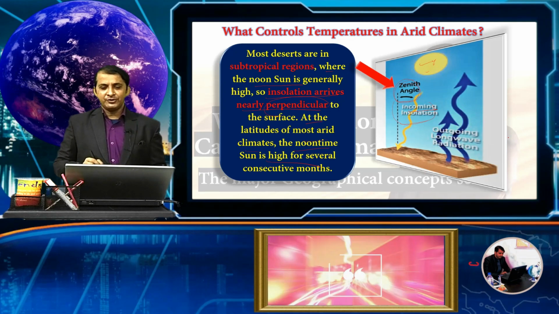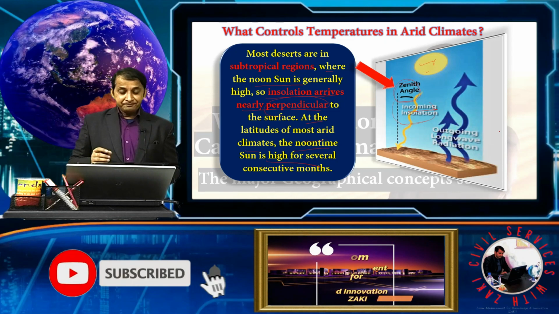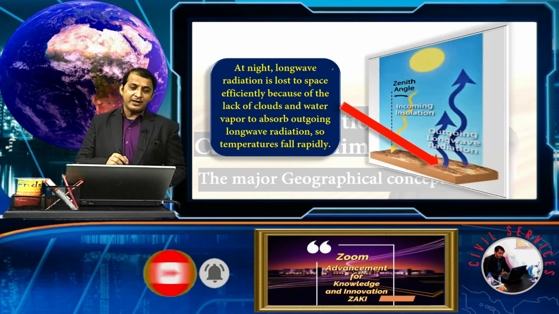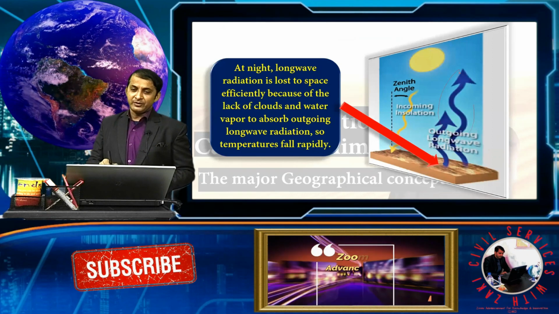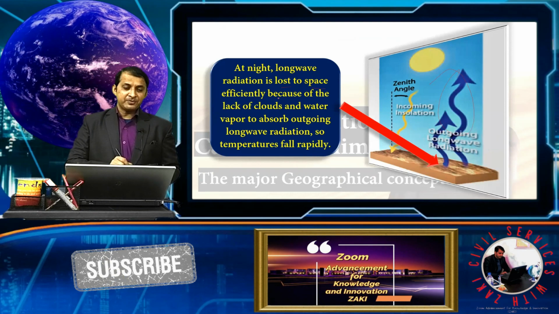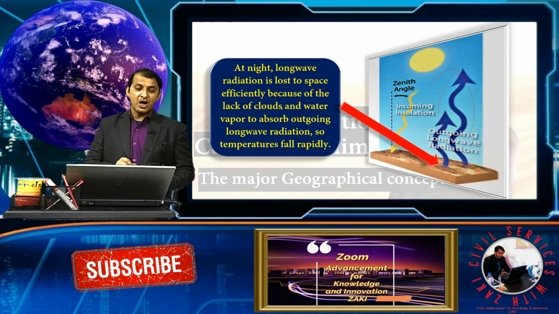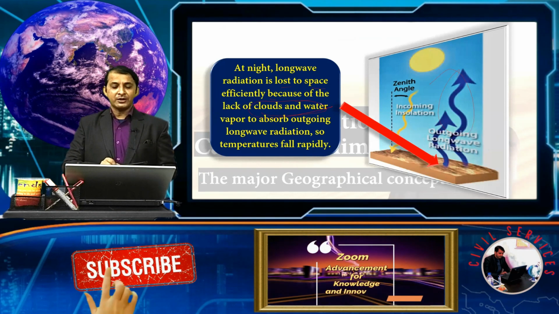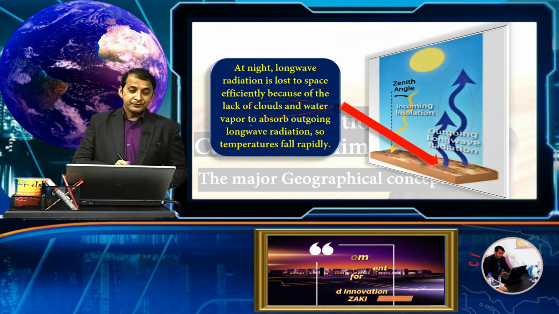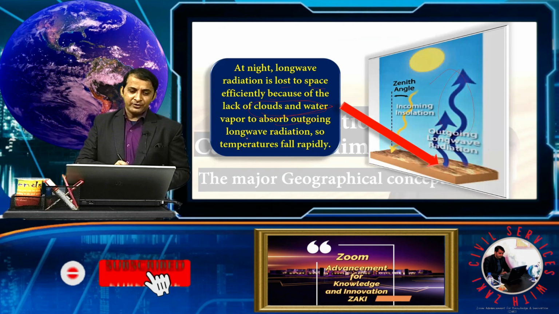Another condition is at night. At night, long wave radiation is lost to space efficiently because of the lack of cloud and water vapor, which would absorb the outgoing radiation.